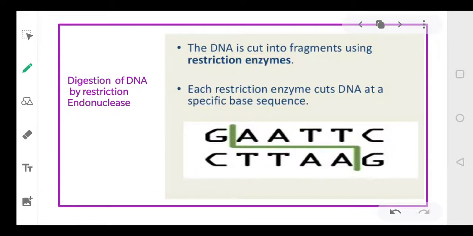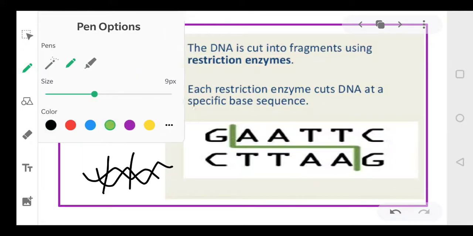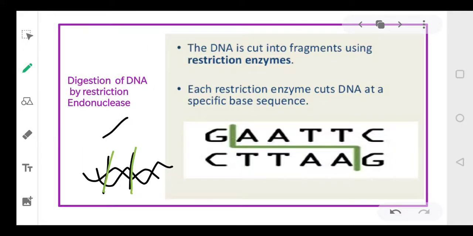The second step is digestion of DNA by restriction endonuclease. The DNA that we have obtained, suppose this is your DNA, the double helical structure. Now, this DNA will be cut into small fragments by an enzyme called restriction enzyme, right? This enzyme will cut the DNA and form small segments.